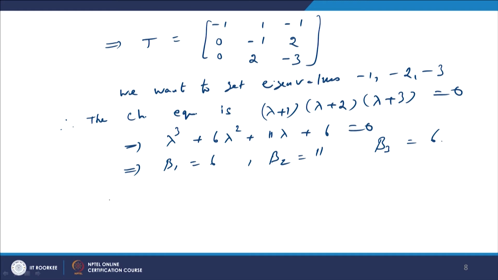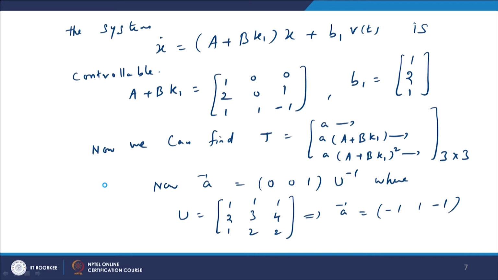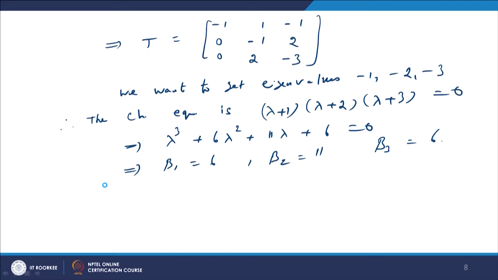And the companion form will give the characteristic equation of A plus BK1 matrix.